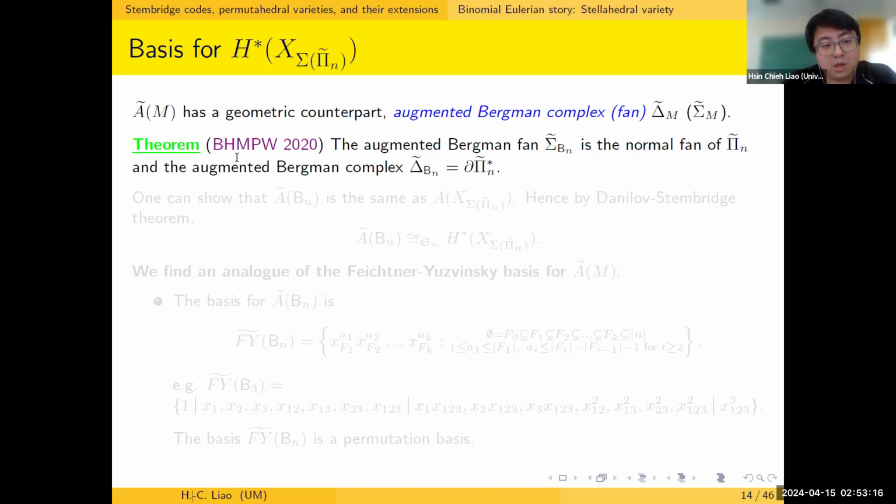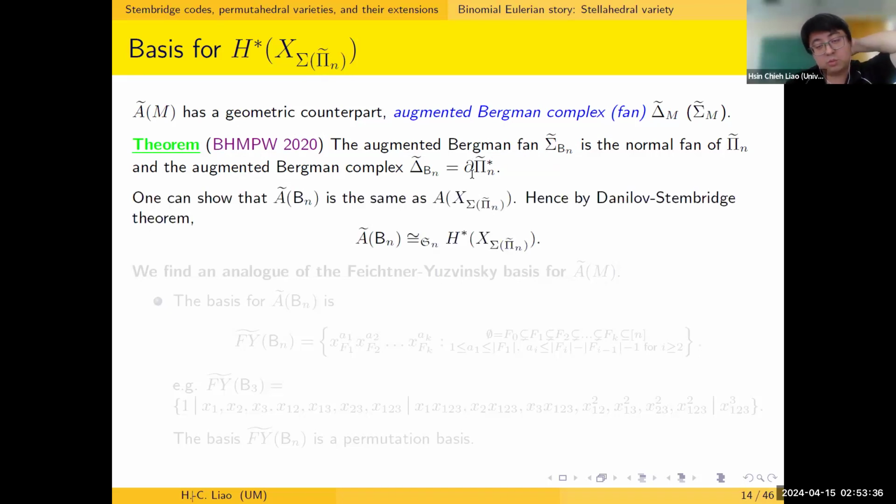The theorem of Brändén, Huh, Matherne, Proudfoot and Wang says that the augmented Bergman fan of the Boolean matroid is the normal fan of the stellohedron, and the augmented Bergman complex is exactly the boundary of the dual stellohedron. That's why we start to consider these augmented Chow rings. One can show that the augmented Chow ring of the Boolean matroid is the same as the Chow ring of the stellohedral variety, and so by the Danilov-Stanley theorem they are isomorphic as S_n modules.